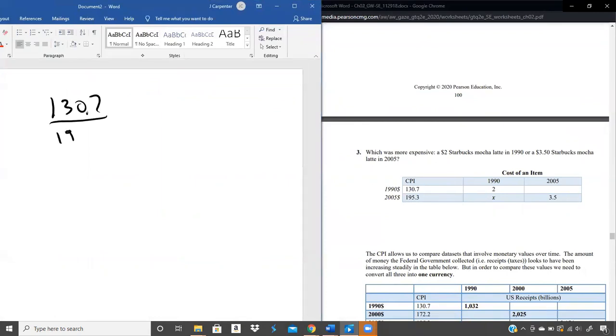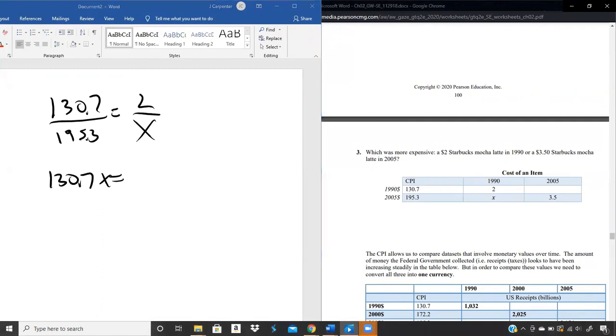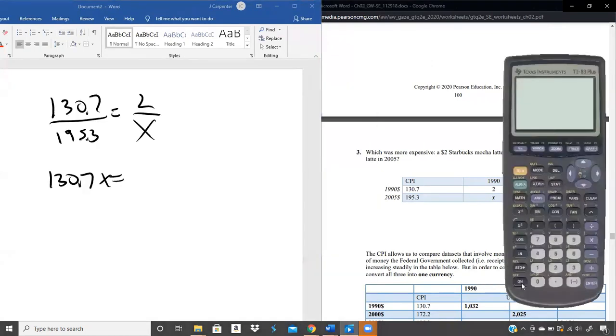130.7 over 195.3 equals 2 over x. Cross multiply, you get 130.7x equals, in the interest of time, since you saw it written once at least, 195.3 times the 2, and that's 390.6.